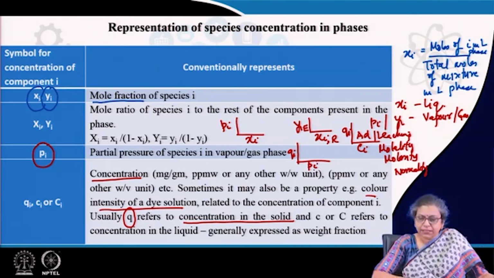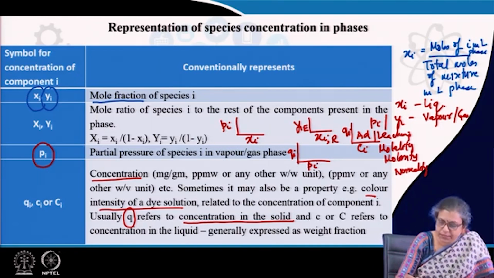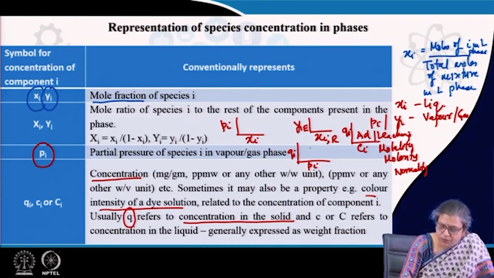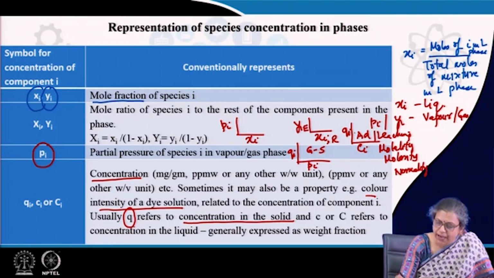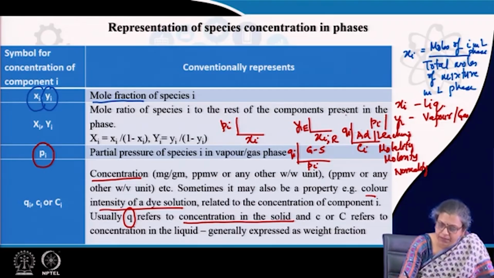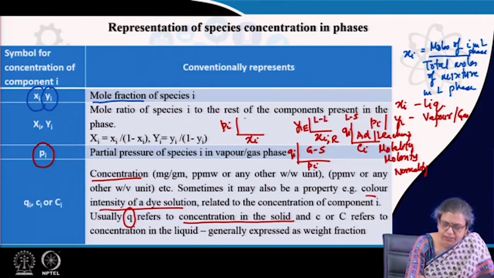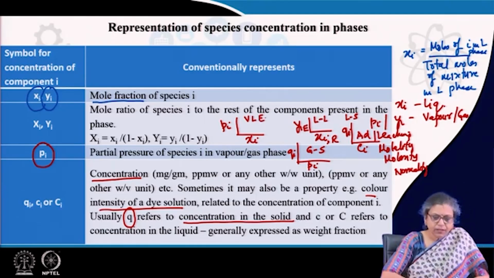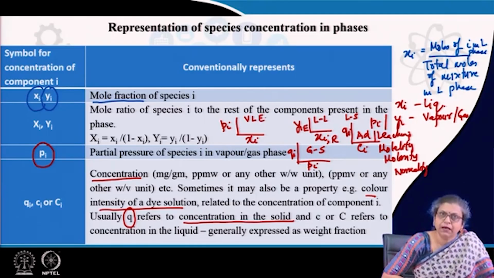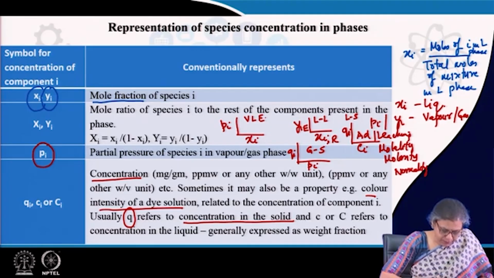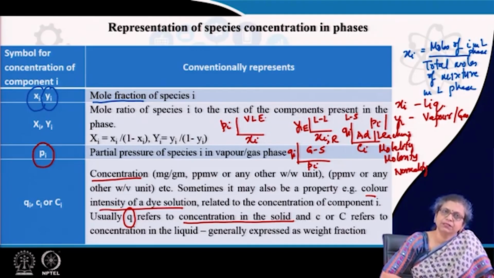So, these are the different ways. This was for gas solid cases, this was for liquid solid cases, and this was for vapor liquid equilibrium. So, the equilibrium data can be represented in terms of graphs or tables.